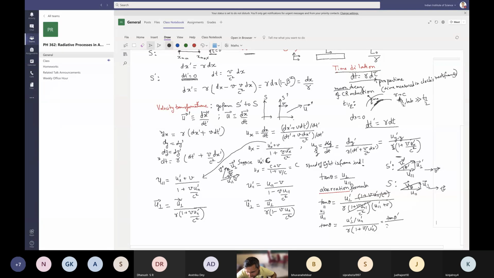So 1 plus v by u parallel prime, where v by u parallel prime is v by u prime cos theta prime.